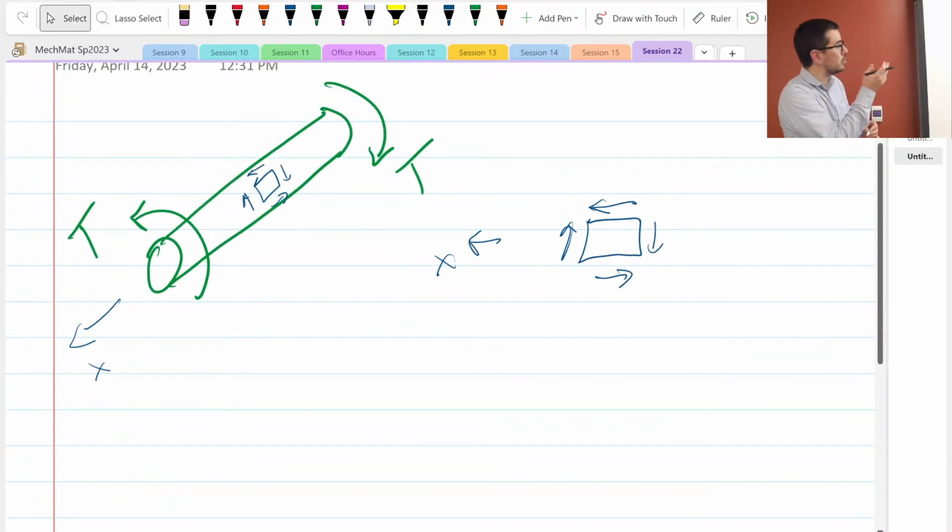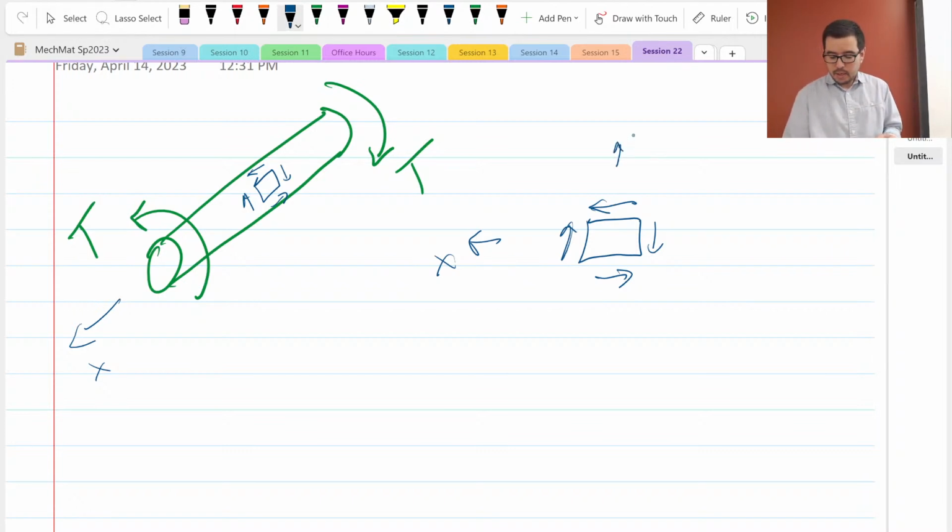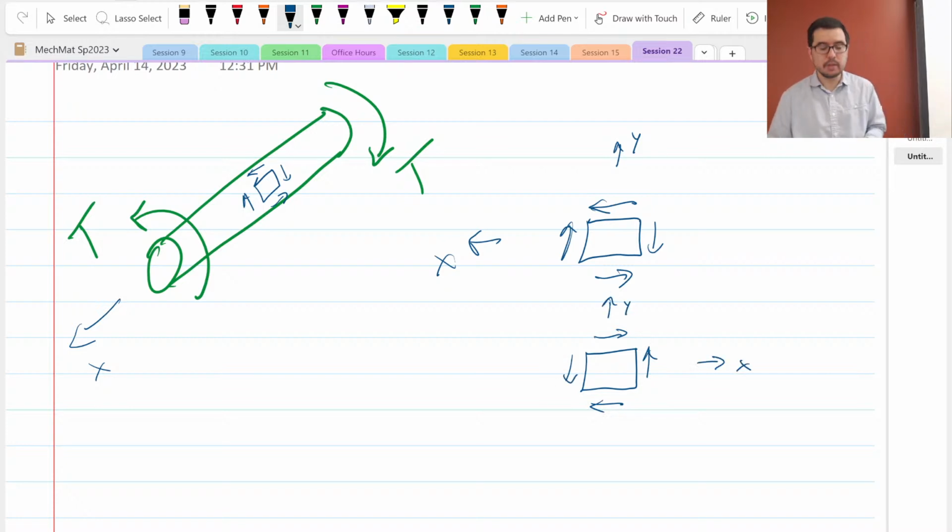So there's the shear stress. If I call this Y, and I flip this over, I get an easier thing that I'm more comfortable with dealing with, where X is coming out the right and Y still at the top. And this is a positive. So, is there any normal stress in this case? Well, in this orientation, no, there's not.